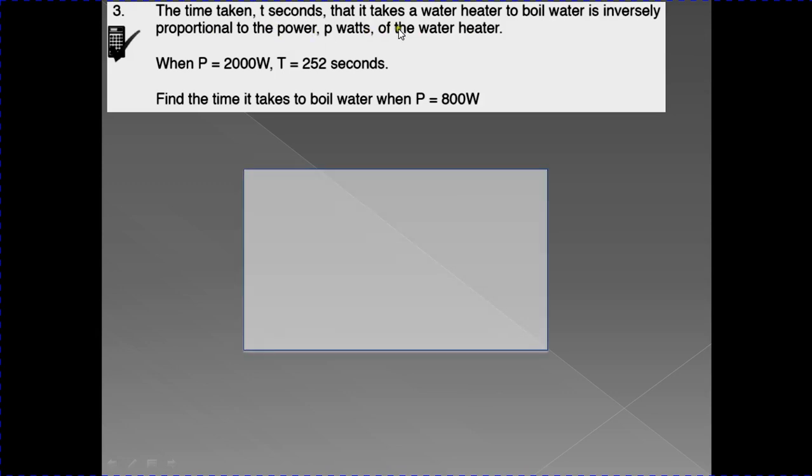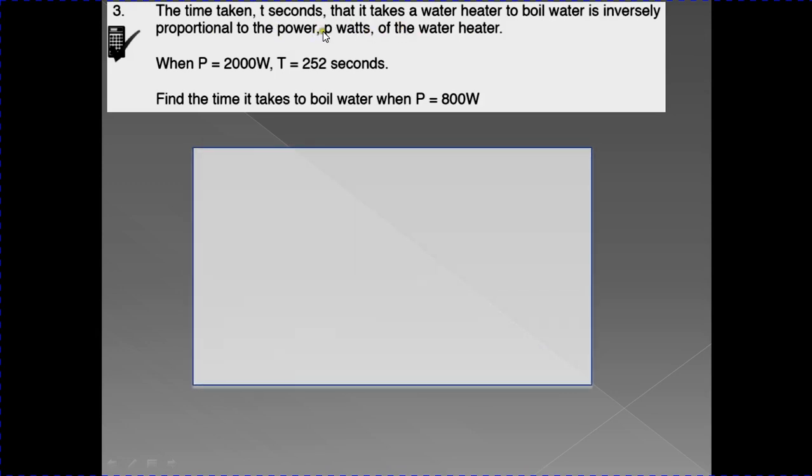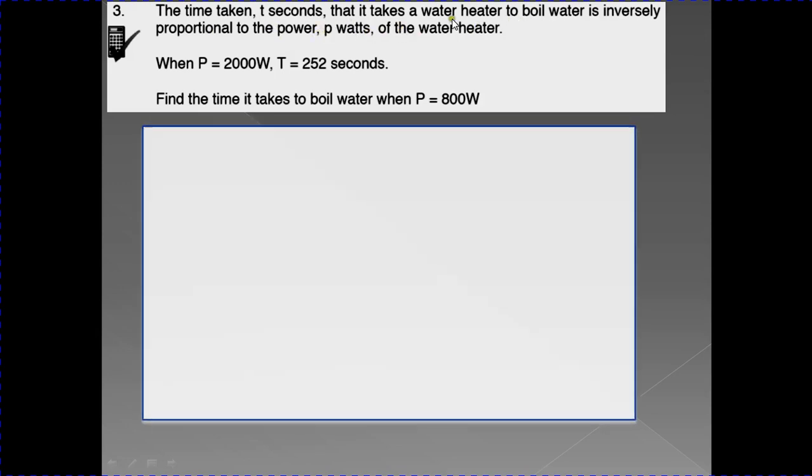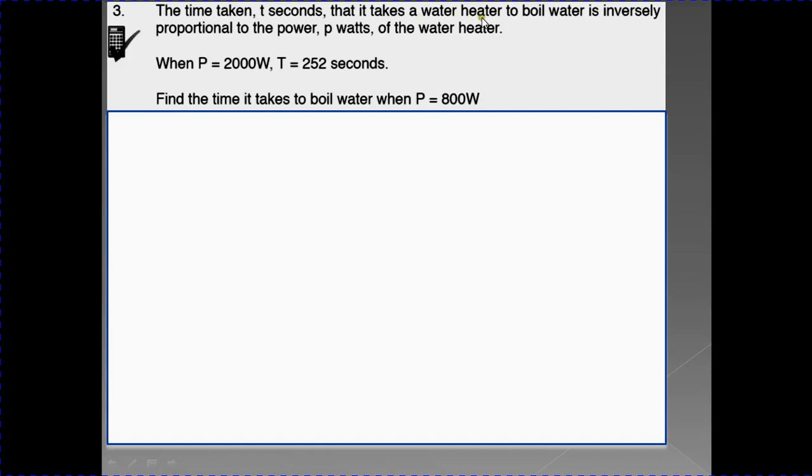First, you must translate the statement of proportional. You said here time is inversely proportional to the power P. Then time in seconds, and P meaning power, it will be watt.